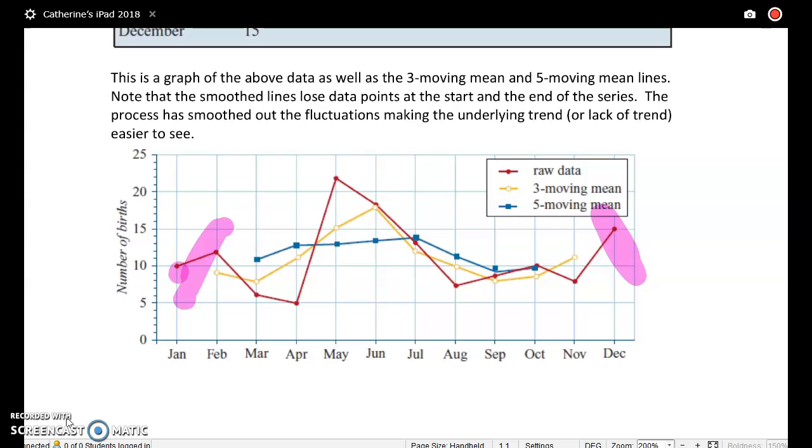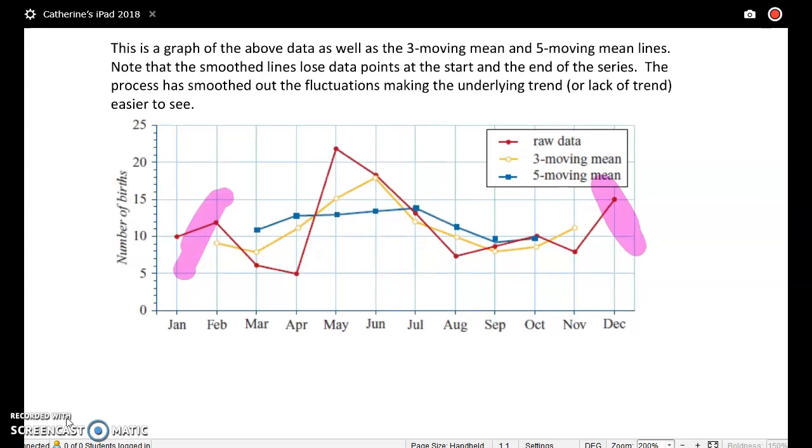But this fluctuating time series has been smoothed. We still see some variation, but it's not quite as strong. So we can see if there's an underlying trend there. Sometimes there isn't a trend, like here, it's pretty straight.